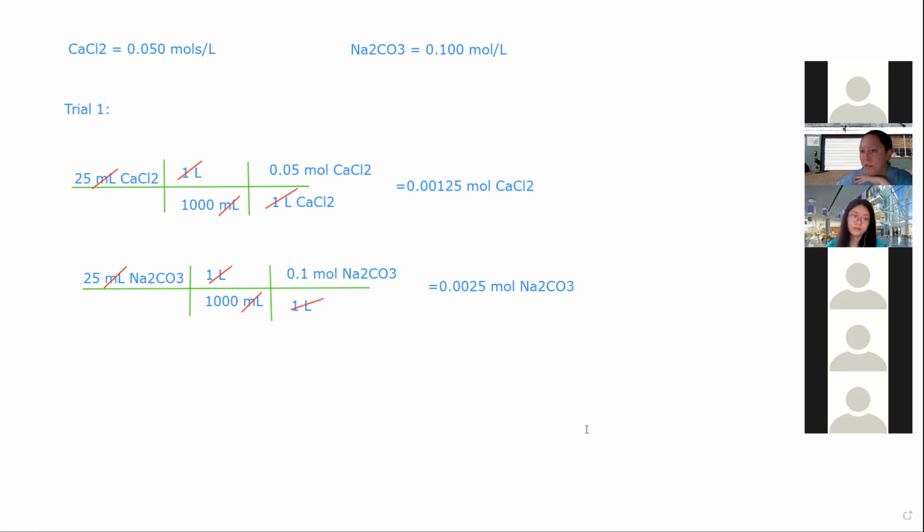But when we watch the video, the actual amount dispensed is going to vary a little bit, but it's going to be pretty close to 25 milliliters, okay? So this is going to be an example of that first thing, the first trial.